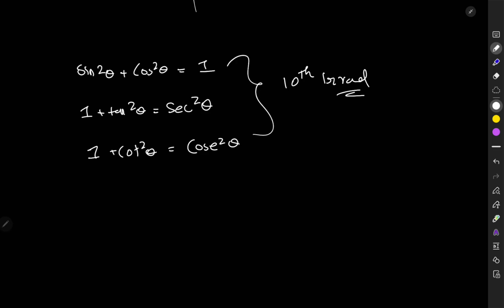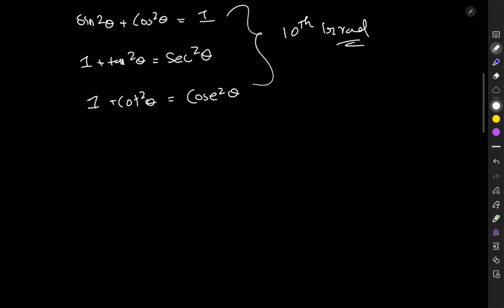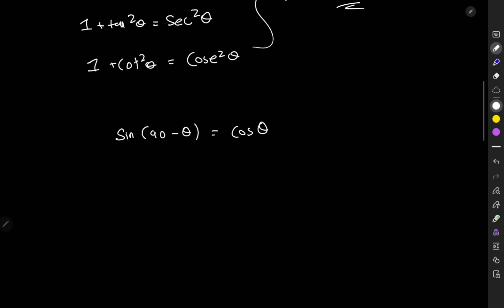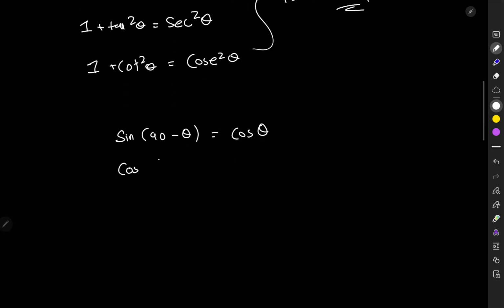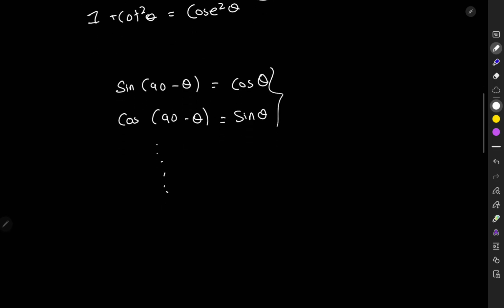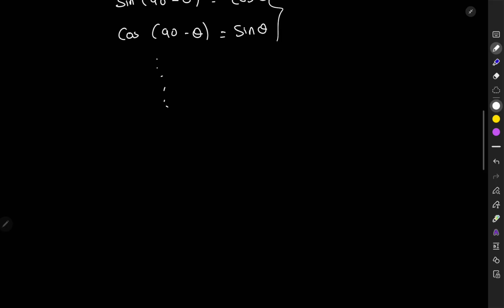So you must have already written your board exams also. And you also learned some basics like sin 90 minus theta is equal to cos theta, cos 90 minus theta is equal to sin theta, like this. Okay, so you will also learn this concept now, but if you have learned it earlier, it's fine.